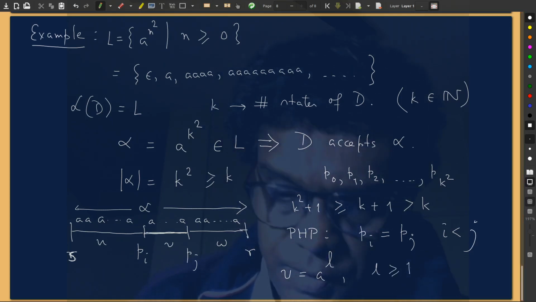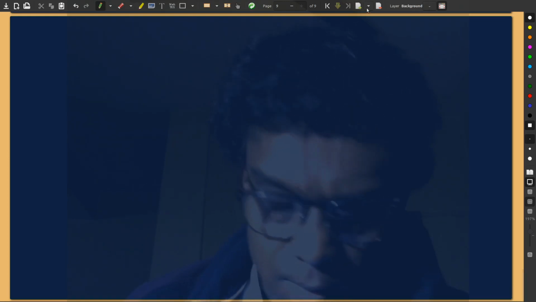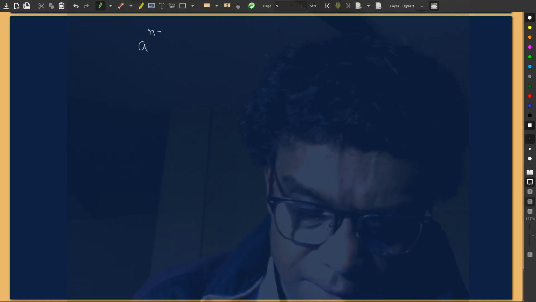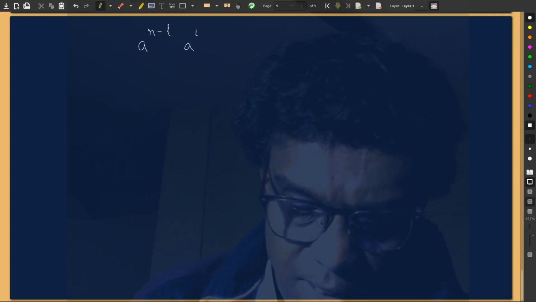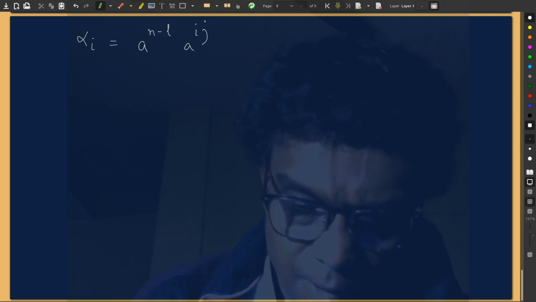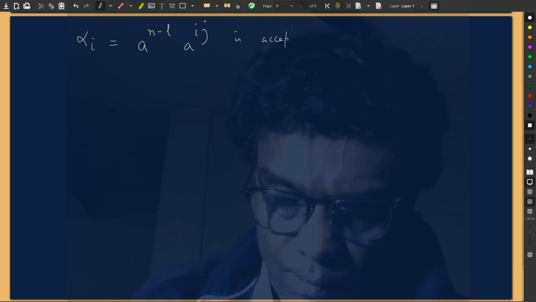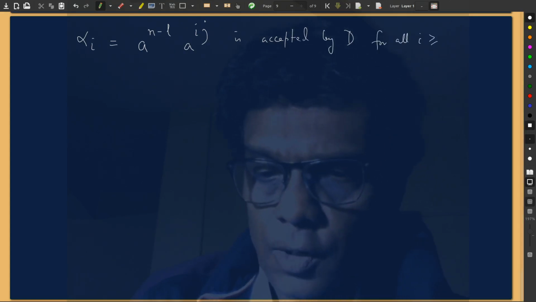So once again, if you pump out once, you will be left with k² minus l. But if you pump in, you can have any i·l. So let us call this string alpha i. Any such alpha i is accepted by D for all i greater than or equal to 0.